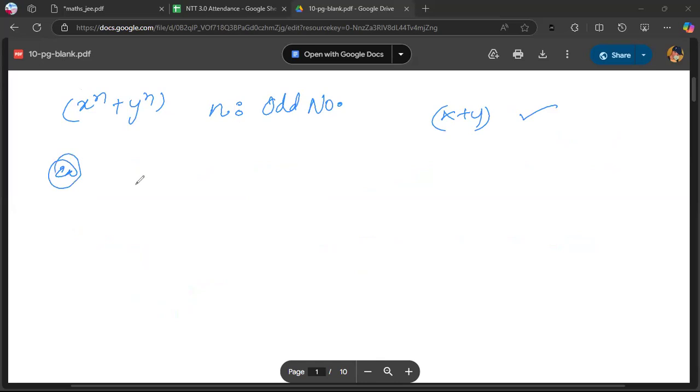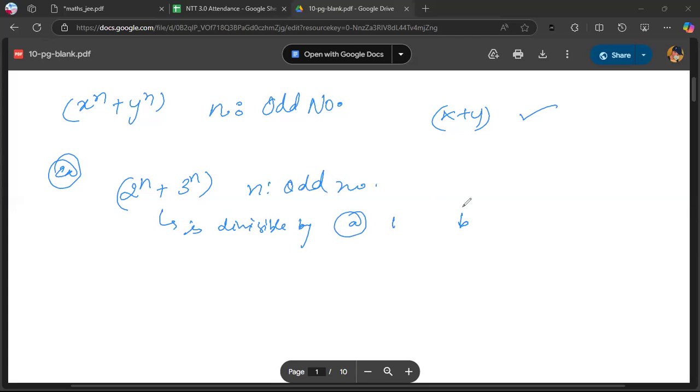Let's take an example. N is given as an odd number, and we need to find out what it is divisible by. Option A 1, B -1, C 5, D none.